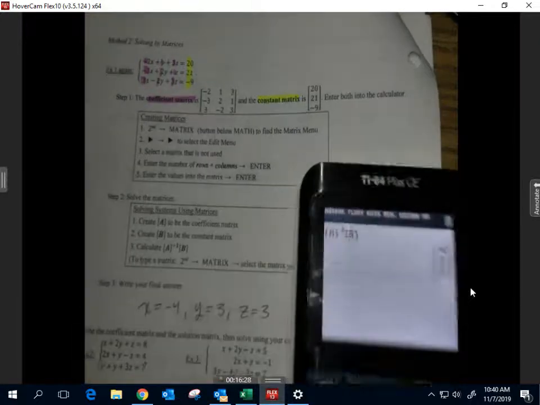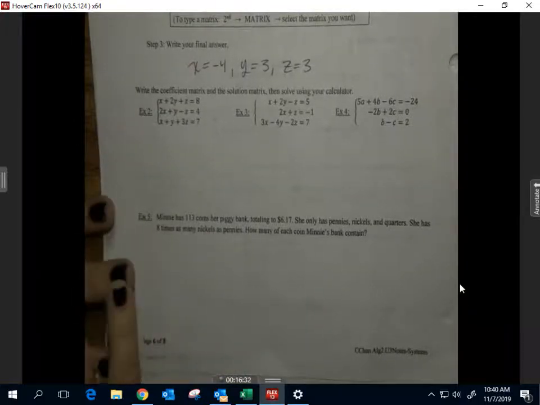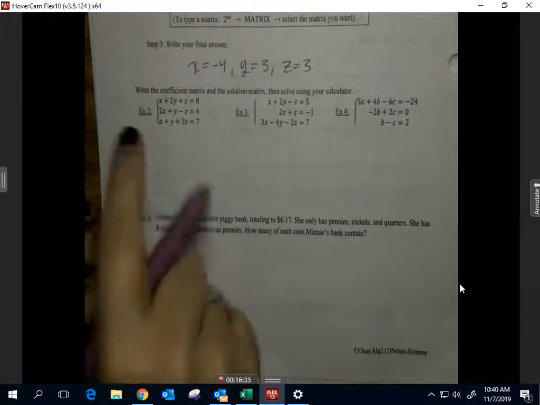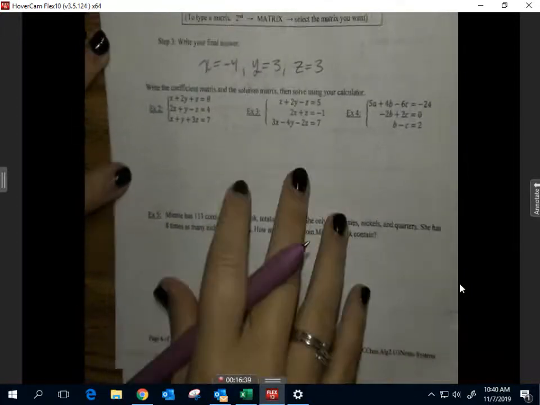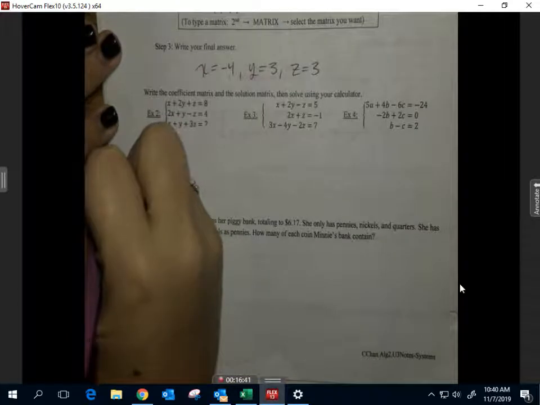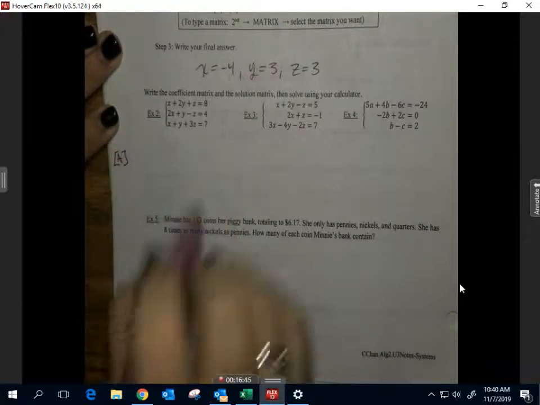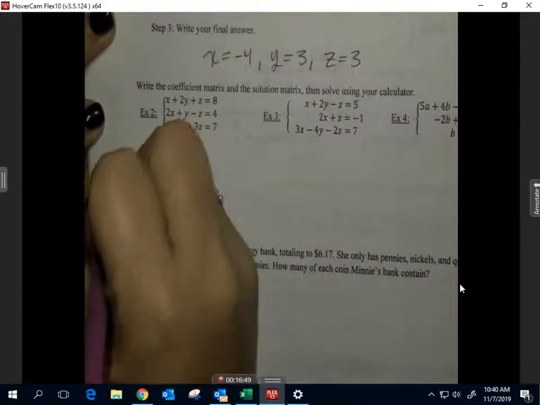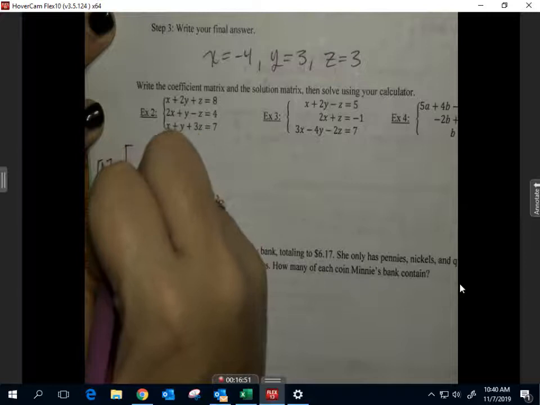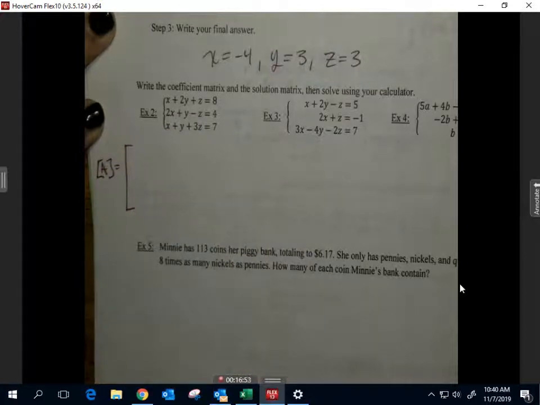Okay, here we go, guys. Let's look at example 2, and let's write our matrices on our paper before we actually put them in our calculator. Okay. So matrix A. Zoom in a little bit more. There we go. Matrix A is our coefficient matrix, right?